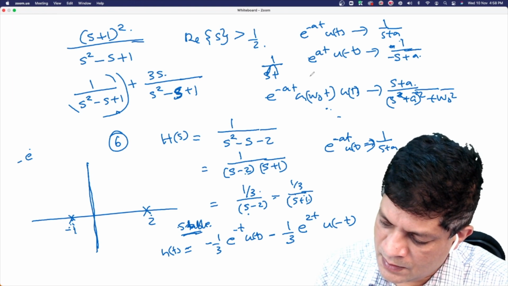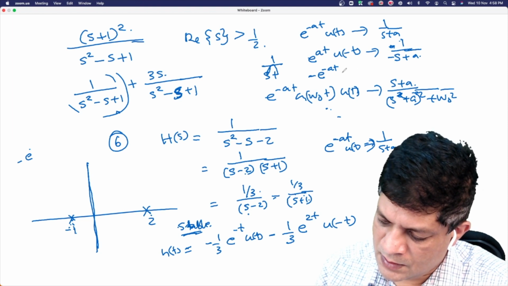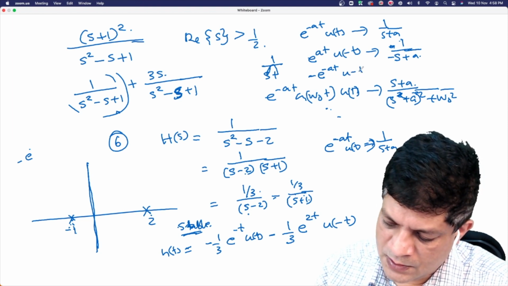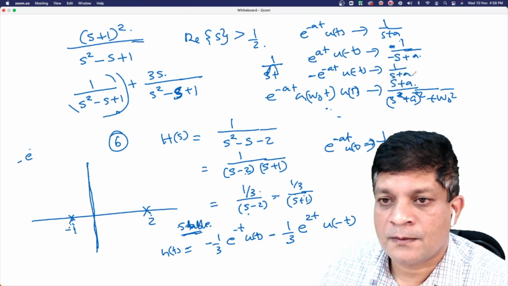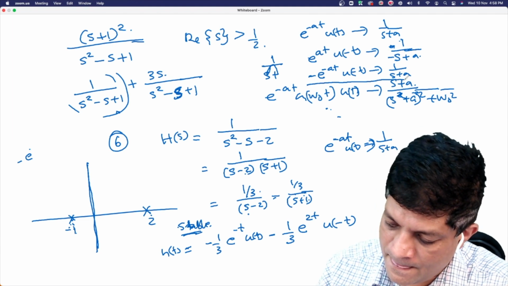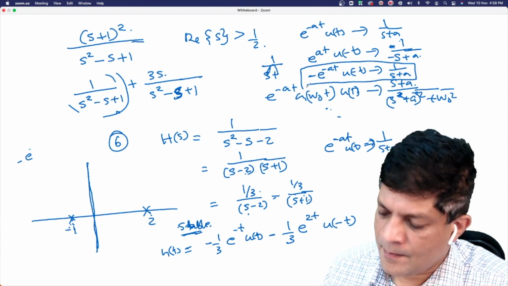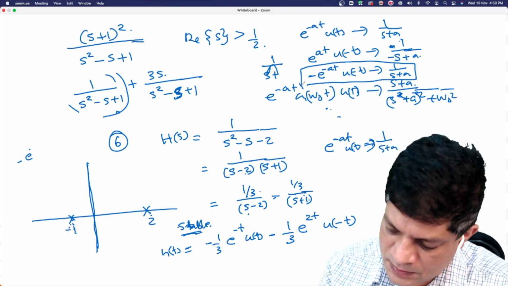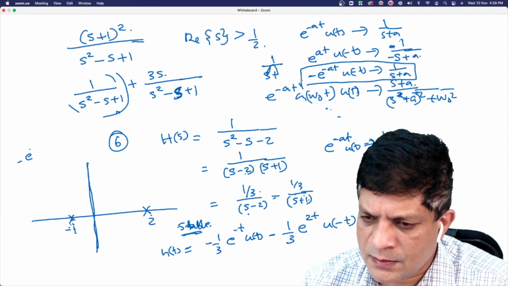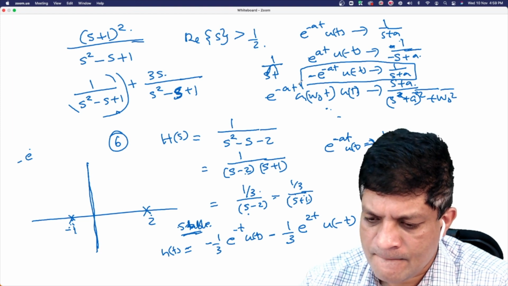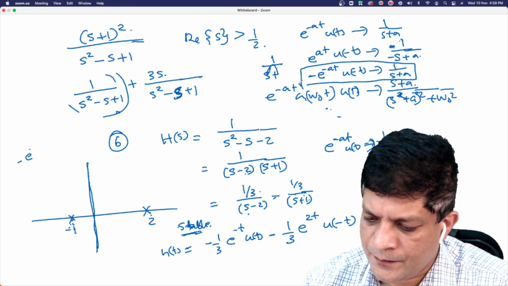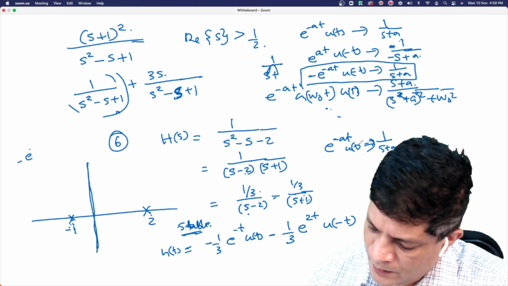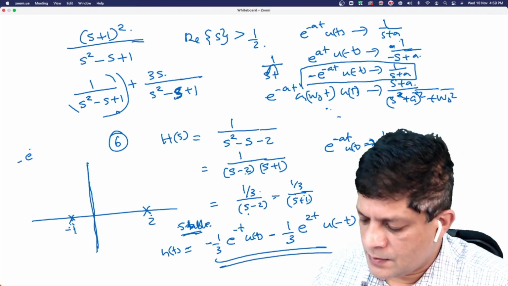So it will be minus e to the power minus at u(-t), 1 upon s plus a, yes, this is the result, isn't it? This is the standard result, I think. Is it given in the formula sheet? No, it is not given. So using this result, you will get this.